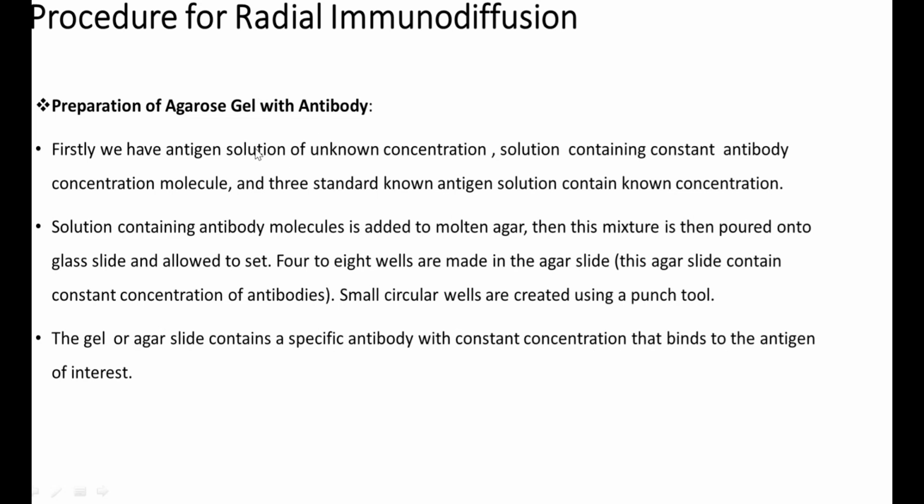We have the solution containing antigen, which has an unknown concentration. Second, we have the solution containing the antibody, and the concentration of that antibody is already known. And third, we have the solution containing the antigen, and the concentration of that antigen is already known.